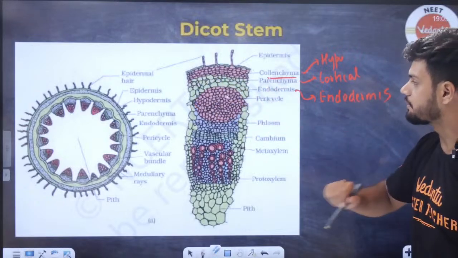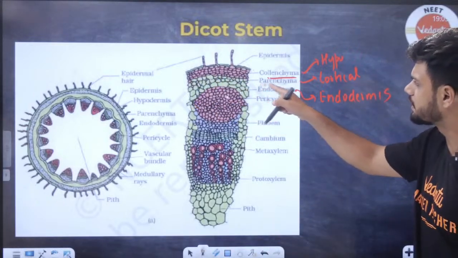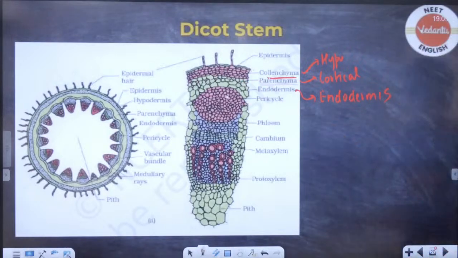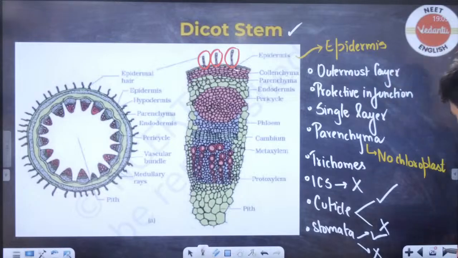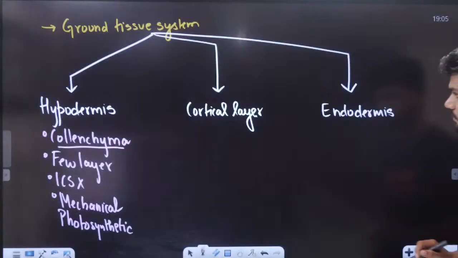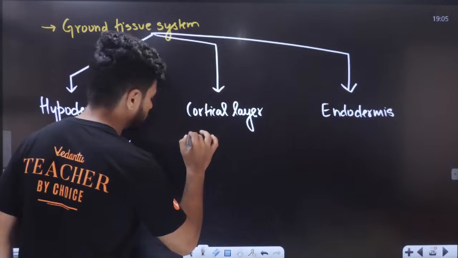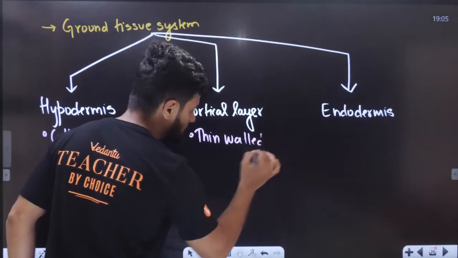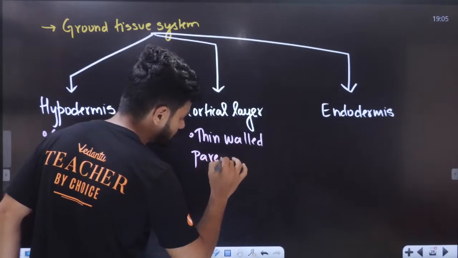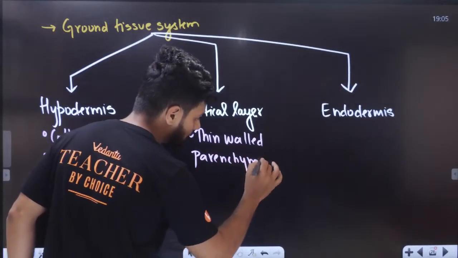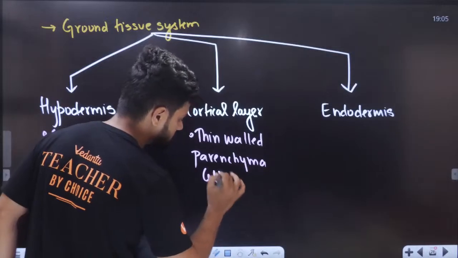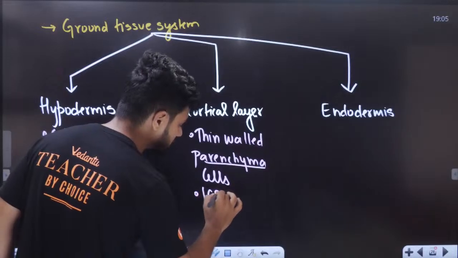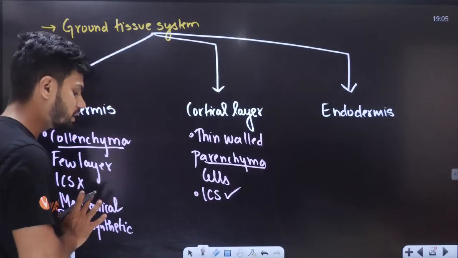It is made up of parenchyma, thin-walled round parenchyma cells, and intercellular space is generally present here.